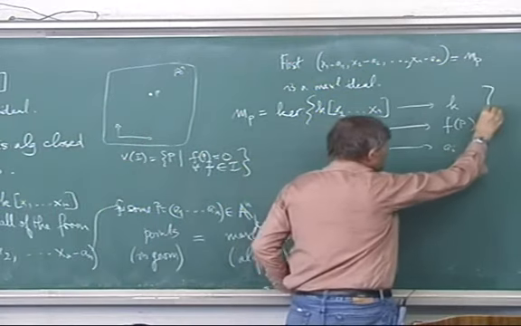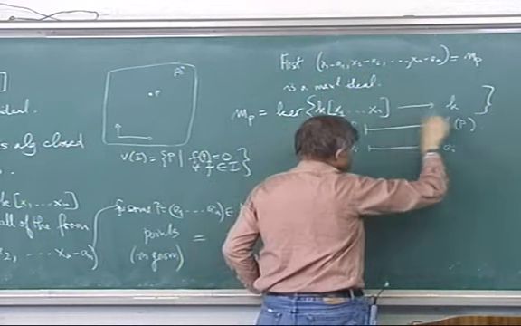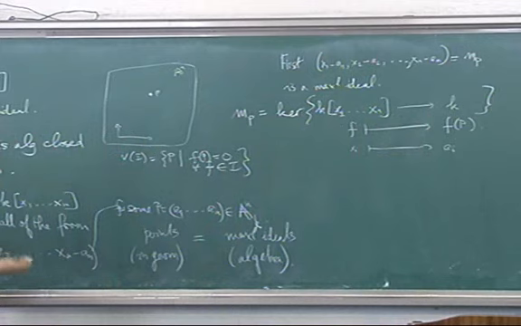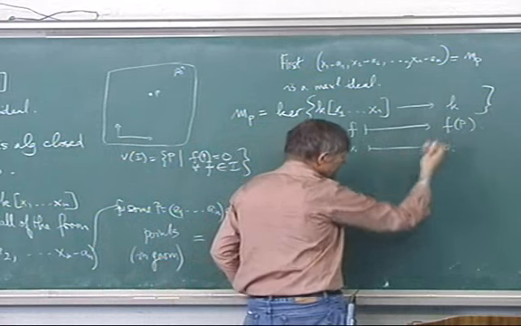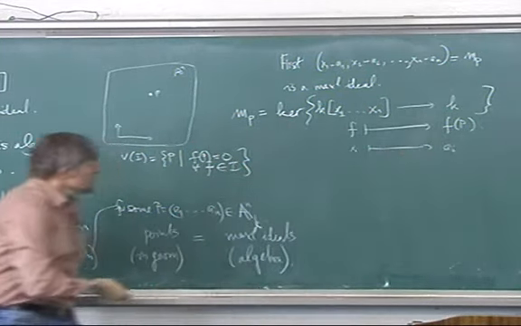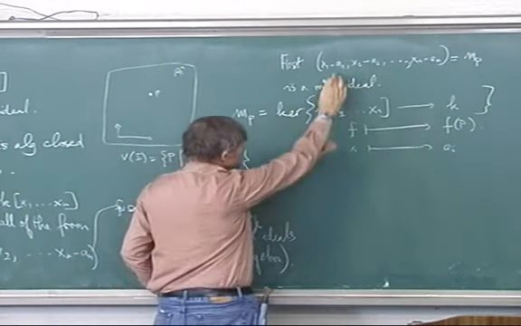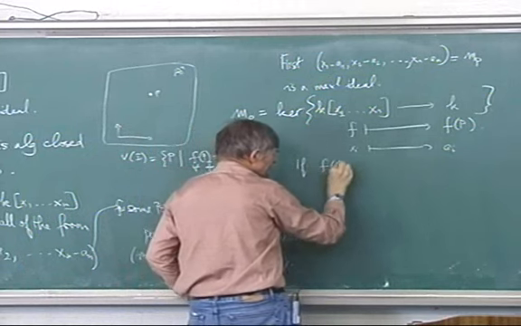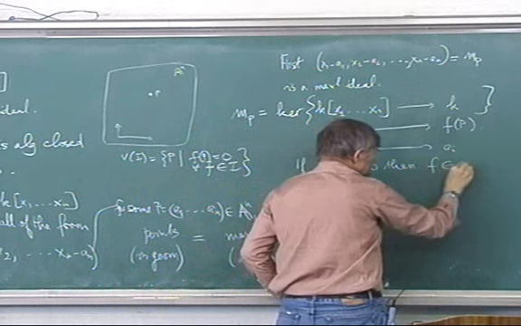Obviously these generators map to 0, but conversely, if a polynomial vanishes at the point, then f is in this ideal. So if f(P) = 0, then f is in MP.